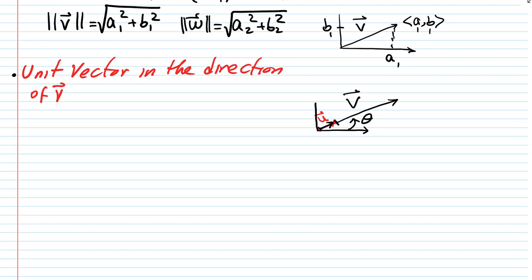For example, let's say I have a vector that goes like this. This is vector v whose magnitude is, let's say, 10. This is the horizontal axis, and this is the vertical axis, y. The vertical component of that vector is right here.